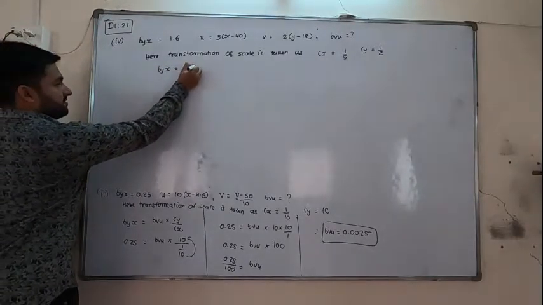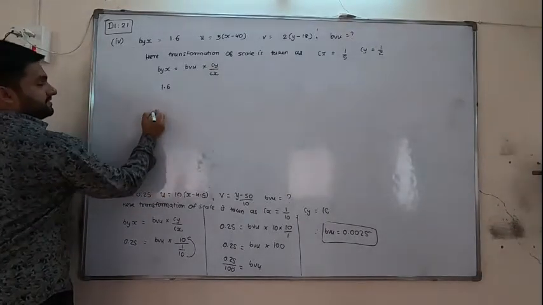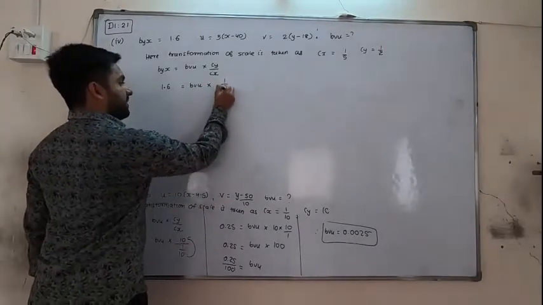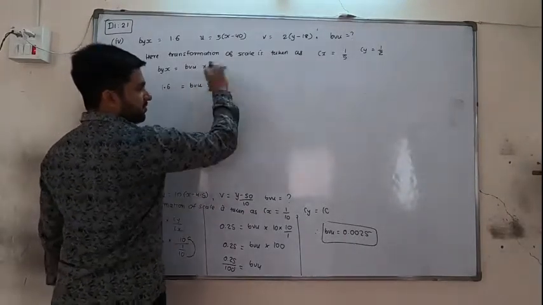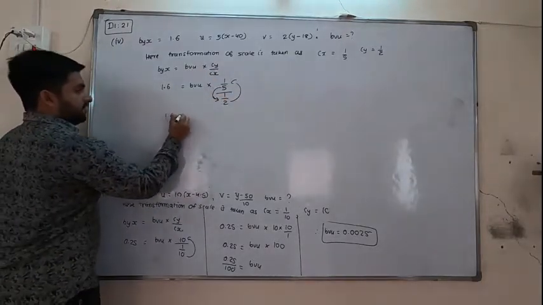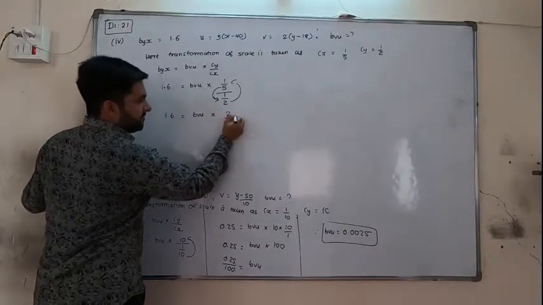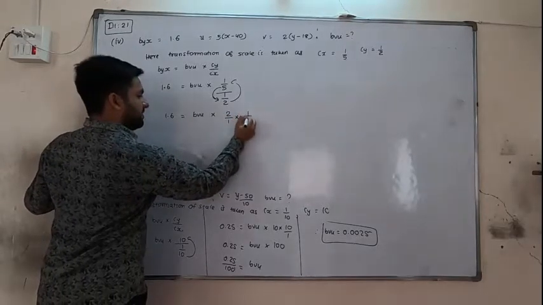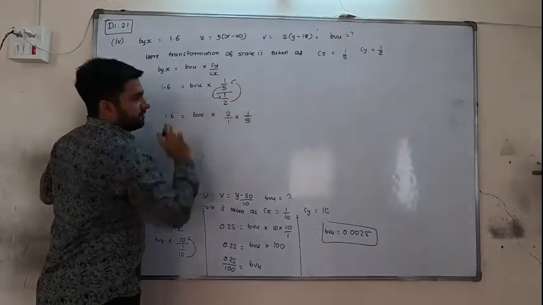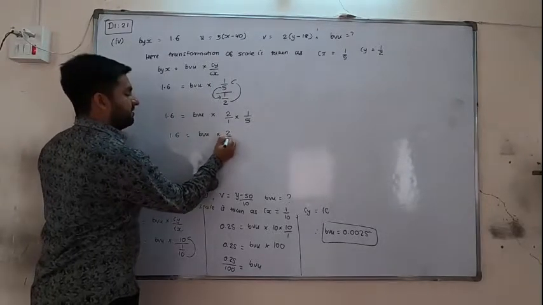Byx is equal to Bvu multiply Cy by Cx. 1.6 is equal to Bvu multiply 1 by 5, 1 by 2. Now this will come here and this will go here. So how? 1.6 is equal to Bvu multiply 2 by 1 into 1 by 5. 5 will come in denominator and 2 will go here. Okay, so 1.6 is equal to Bvu multiply 2 by 5.